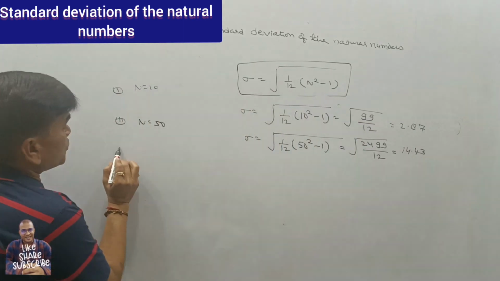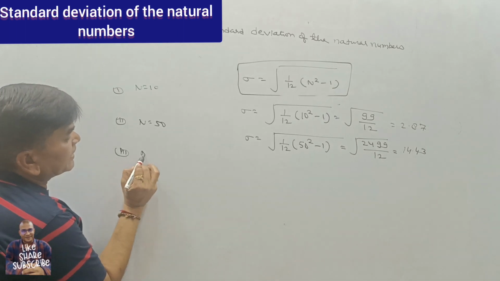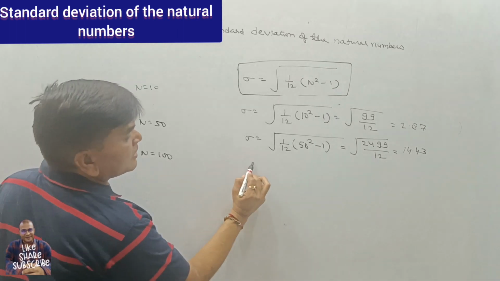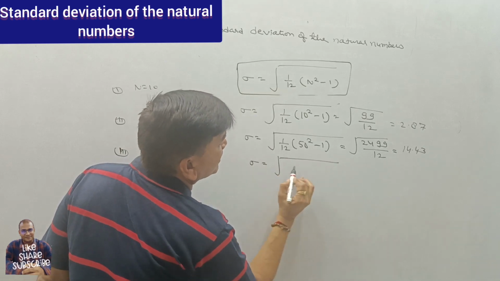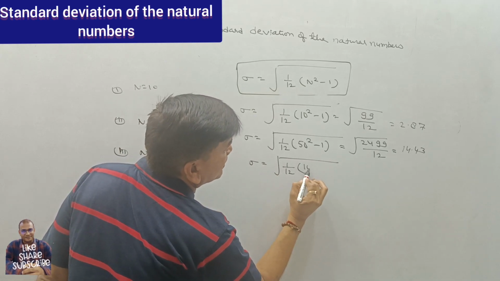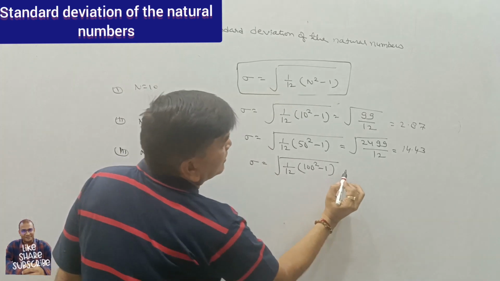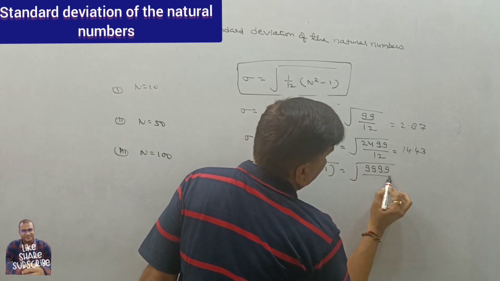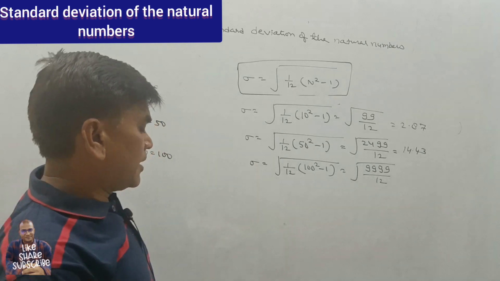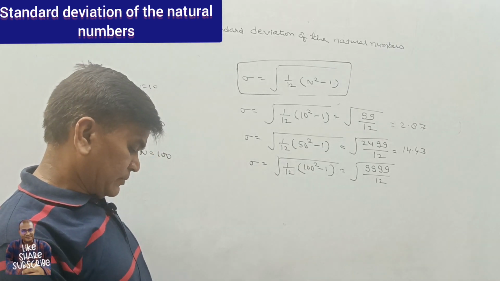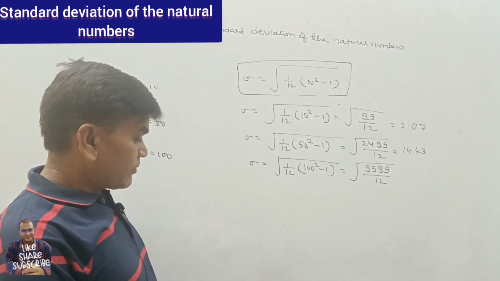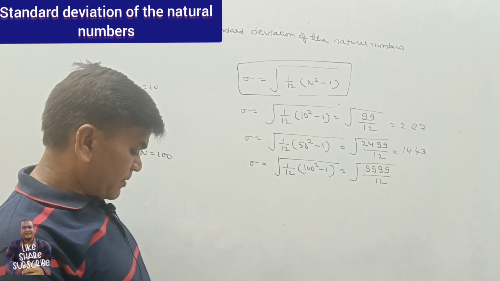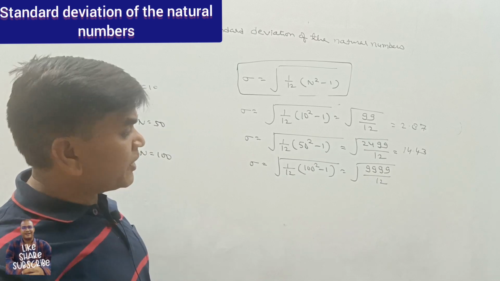If n is 100, then the standard deviation of the first 100 natural numbers is under root 1 by 12 into 100 squared minus 1, that is 9999 divided by 12, which is 28.86.